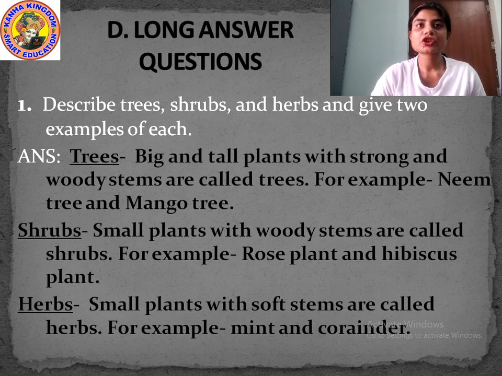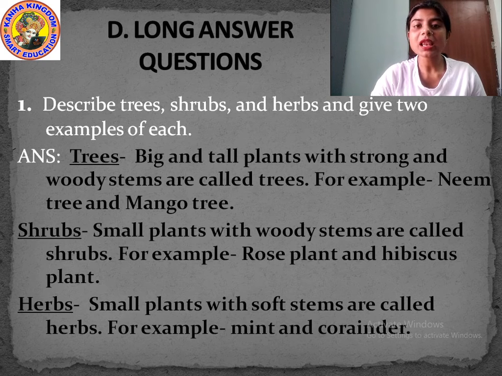I repeat my question and answer once again. Describe trees, shrubs and herbs and give 2 examples of each. What are trees? Big and tall plants with strong and woody stems are called trees. For example, neem tree and mango tree. Shrubs. Small plants with woody stems are called shrubs.